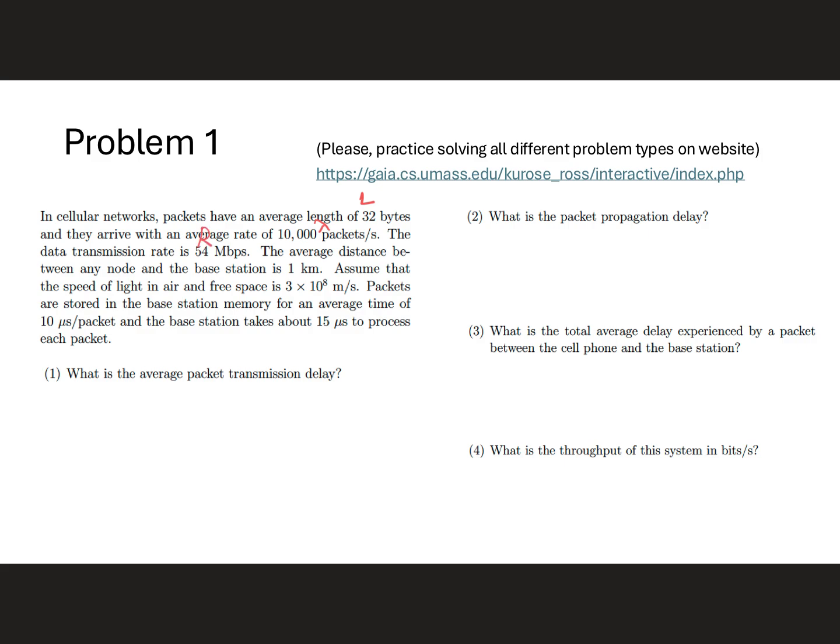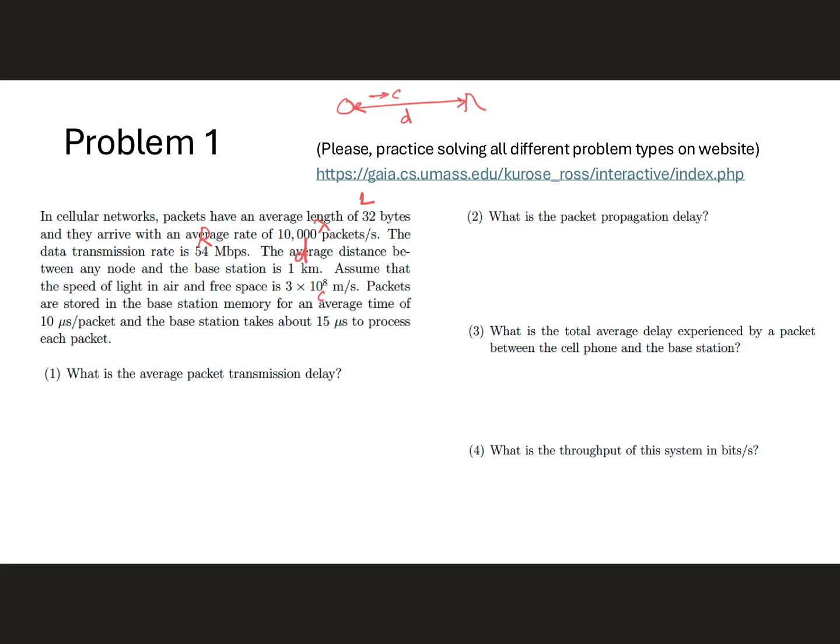The average distance between any node and the base station is 1 kilometer, so we call this D, the distance between one node and the base station, right? So this is the distance over which the signal has to travel with the speed of light c. Assume that the speed of light in air and free space is this, so that's c.